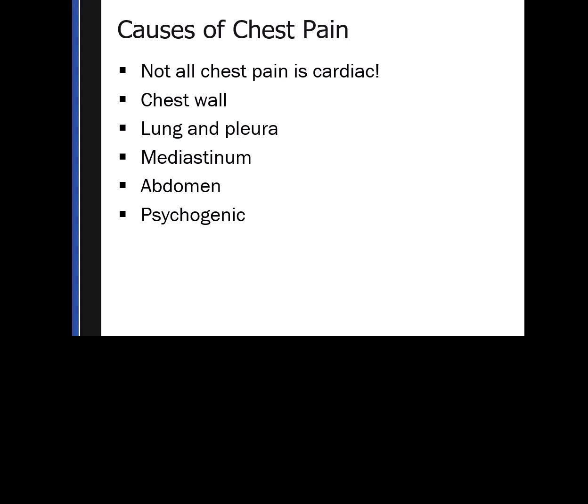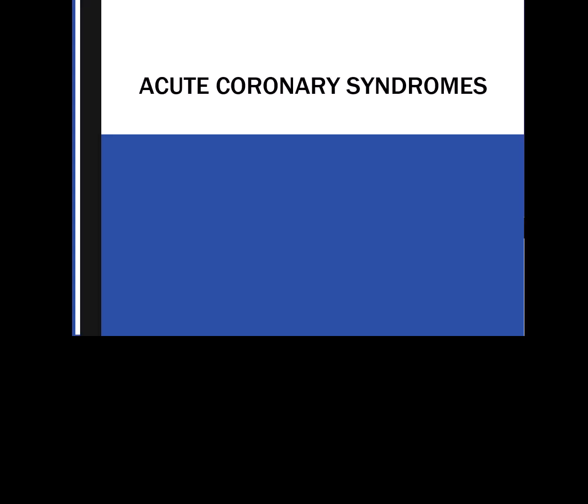So again, your patients don't come boxed up with just single types of diagnoses, okay? Acute coronary syndrome is the umbrella term for heart attack or cardiovascular disease. It can lead into hypertension, it can lead into stroke, it can lead into heart attack.